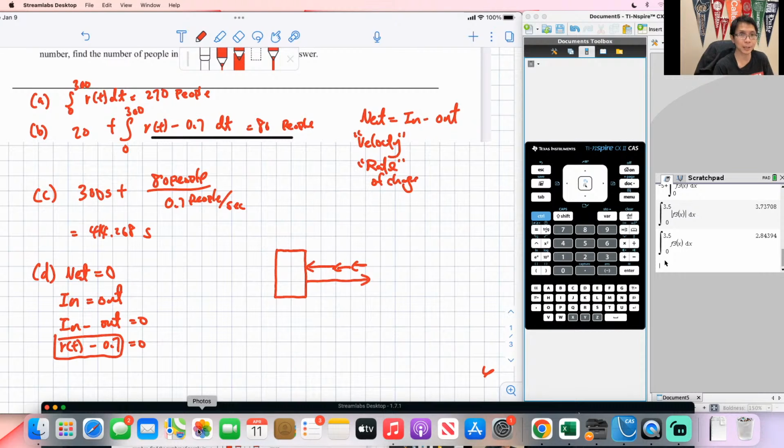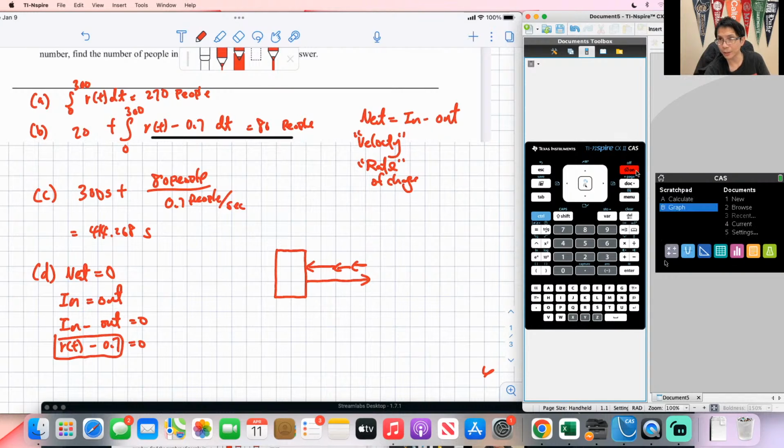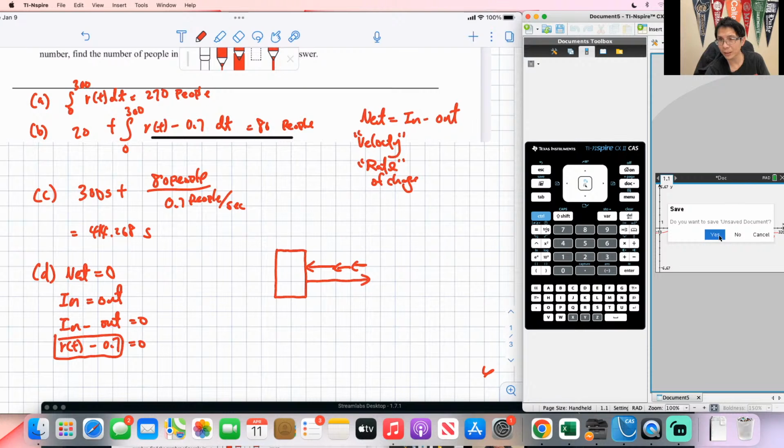Now, how do I do that in terms of graphing? I'm going to go to menu, then doc, and tab to this part. I'm going to start a new graph. It asks, do you want to save?